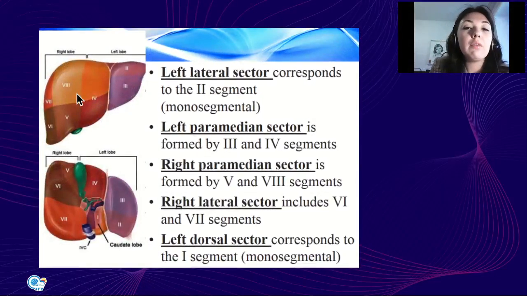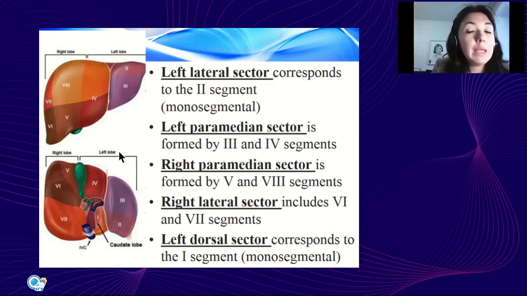Segments are united into sectors, which have very similar blood supply, and usually when we perform removal of 2 segments, we remove them by sectors. So there is a left lateral sector that corresponds to the second segment, and it is monosegmental.